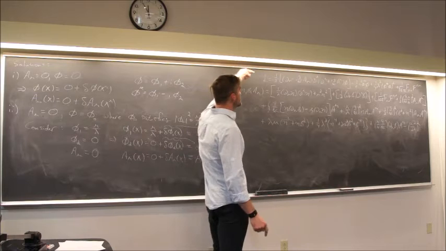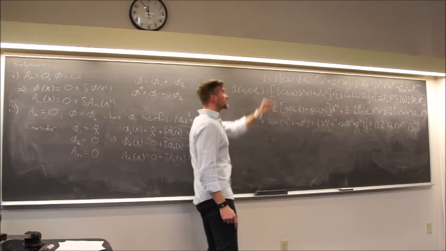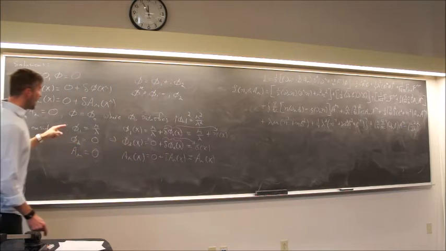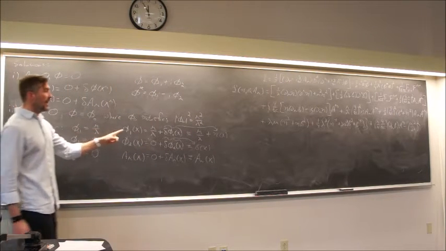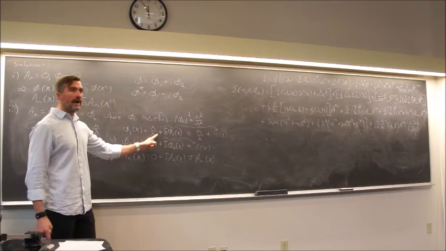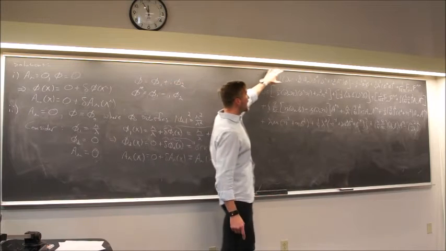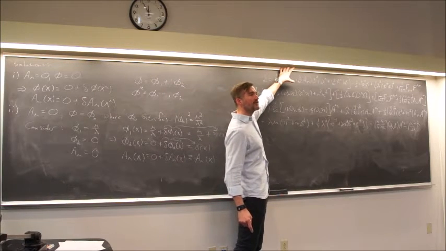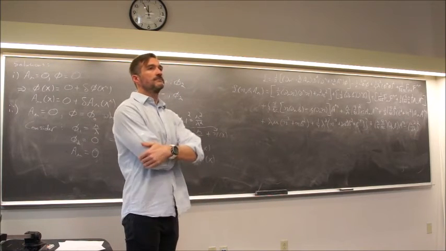I took my original Lagrangian. I solved the equations of motion. I got this non-trivial solution where something was not zero. I looked at fluctuations around it. I stuffed all of this back in to find the Lagrangian for the fluctuations.